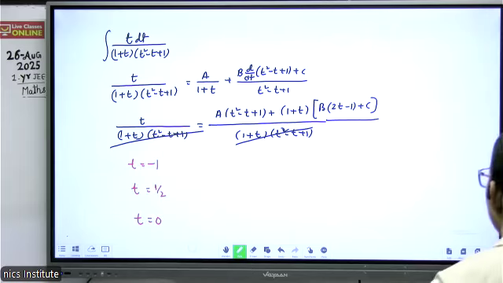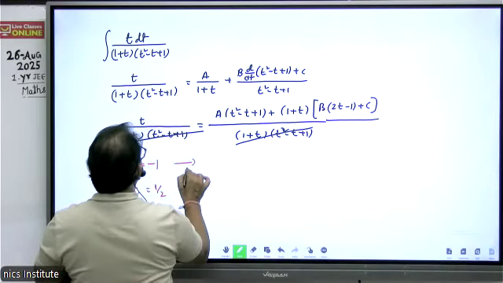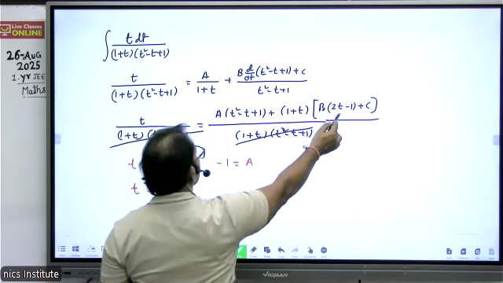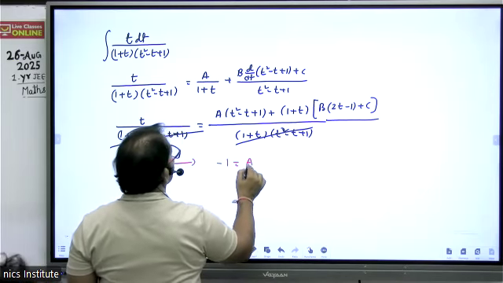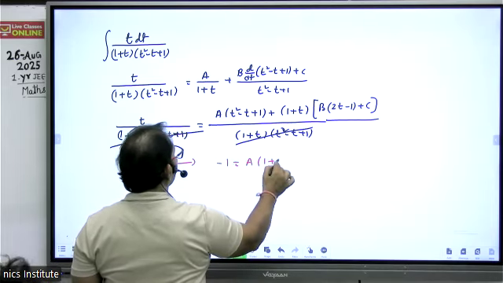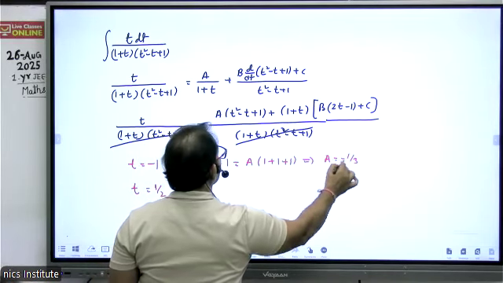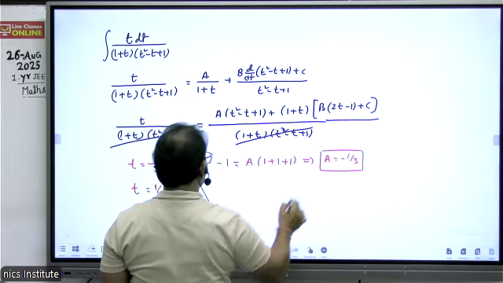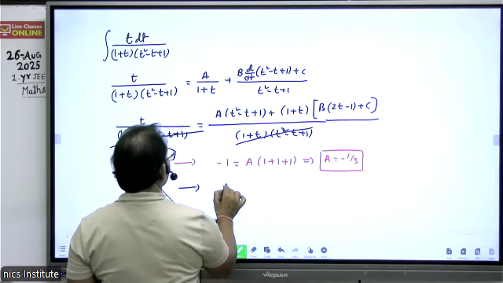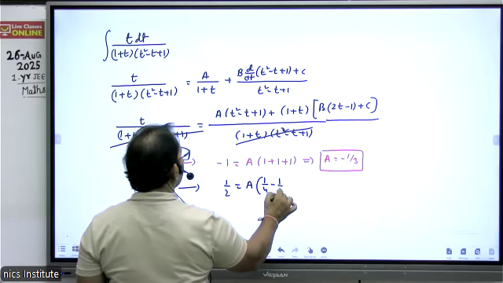When you substitute t is equal to minus 1, this term would be 0. No, minus 1 by 2. So t square would be 1. This would be 1. This would be 1. A is minus 1 by 3. T is equal to half, 1 by 2. A into 1 by 4 minus 1 by 2 plus 1.